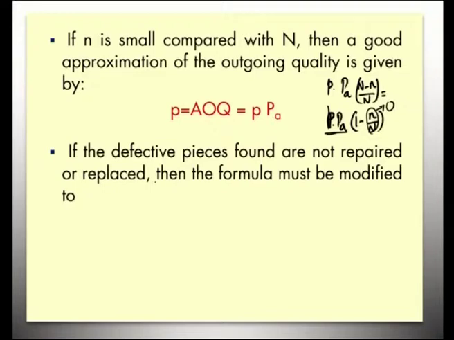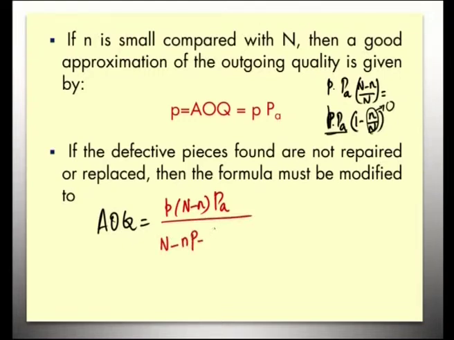If the defective pieces found are not repaired or replaced, then the formula must be modified to AOQ is equal to P into (N minus n) into PA divided by capital N minus NP minus P into (1 minus PA) into (N minus n). So many things have to be subtracted from the lot.